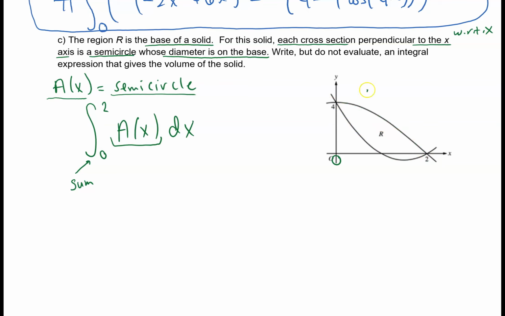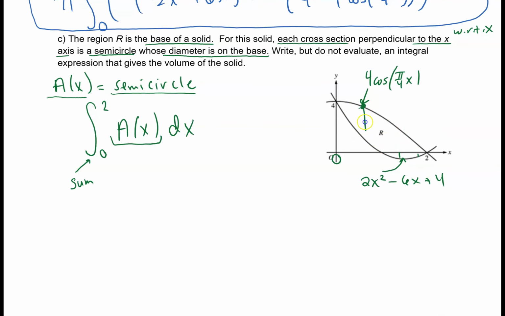So remember, this top curve was the equation 4 cosine pi over 4x. That tells me the height of each of those top curves. And then the bottom curve was the quadratic equation. So that's telling me all the y values from the x-axis to that bottom curve. So if I want to know the distance from the top part to the bottom part, I subtract these two equations.